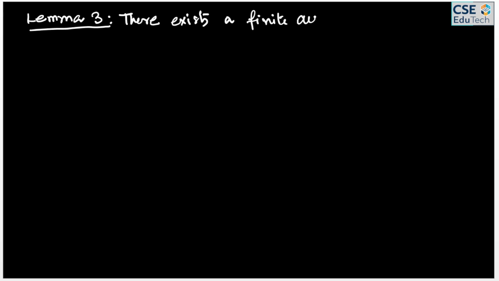Now the third lemma, lemma 3. There exists a finite automaton accepting the language generated by R1 star, or Kleene star, that is L of R1 star.